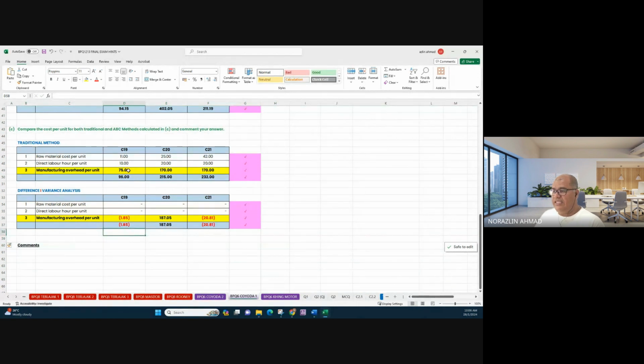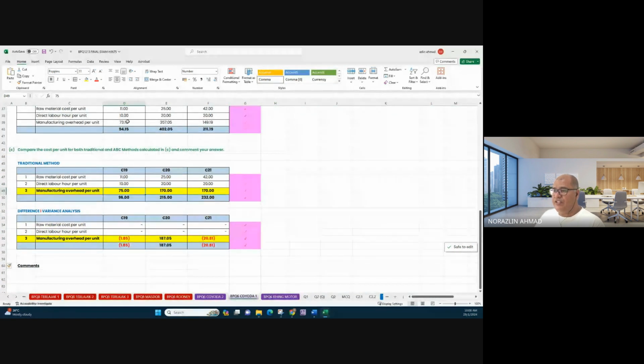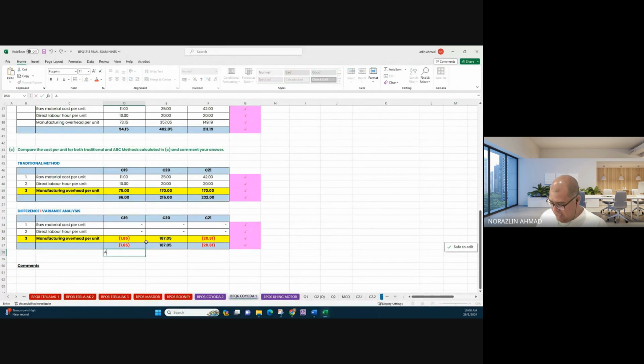If you look at this, 75 and 73. ABC lower than TCS, traditional costing system. This one, ABC higher than TCS, traditional costing system.